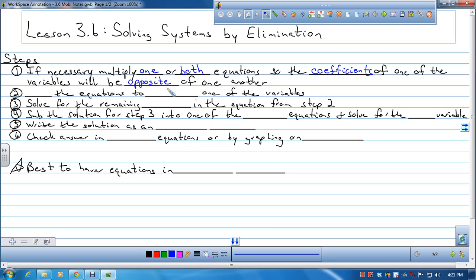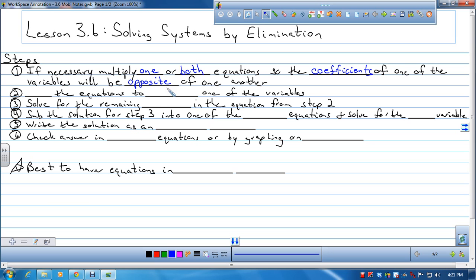When we talk about elimination, that means we want something to go away. We are going to eliminate something. So we want things to be opposite because when we add opposites, they go away, right? A 3 plus a negative 3 is 0. A 5 and its opposite, negative 5, go to 0.